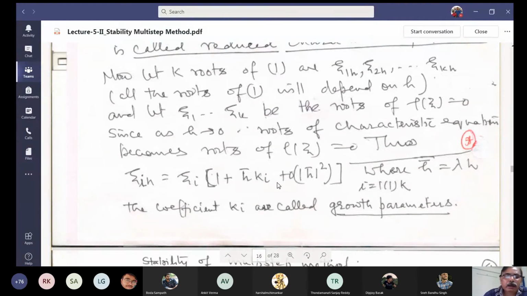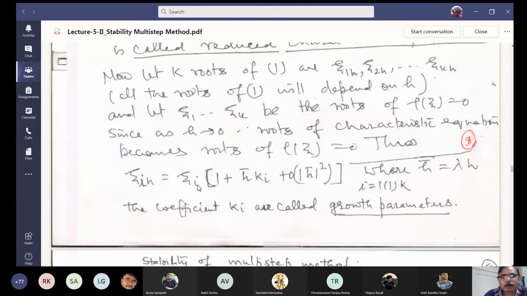In that case this term will go off because the order h square term is there. So only xi i into 1 is left. So as h approaches 0, xi i h becomes the root of rho xi equal to 0, or your reduced characteristic equation. Is this part clear, the way I have written it here?